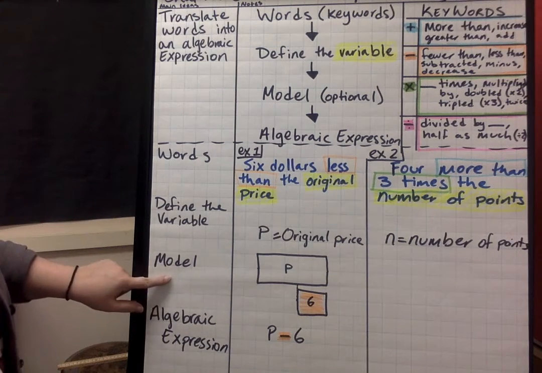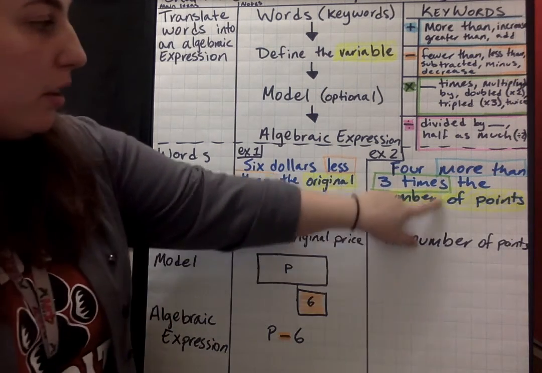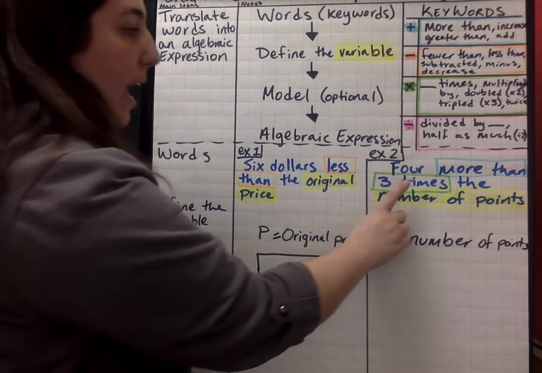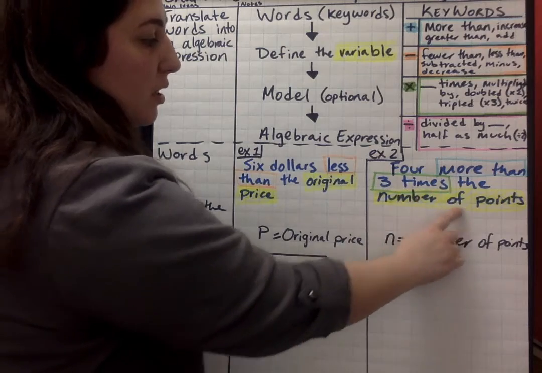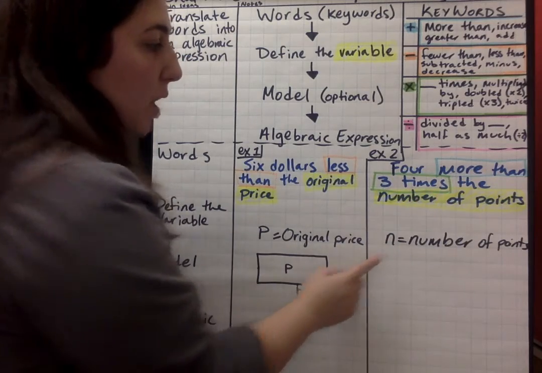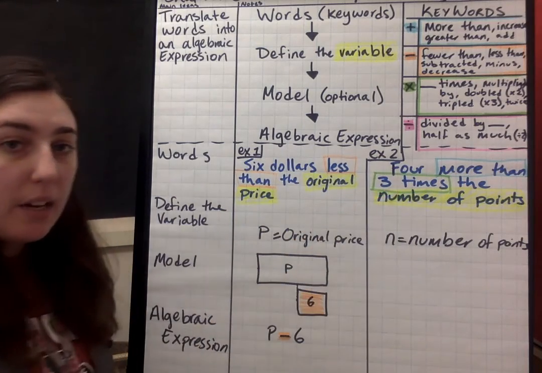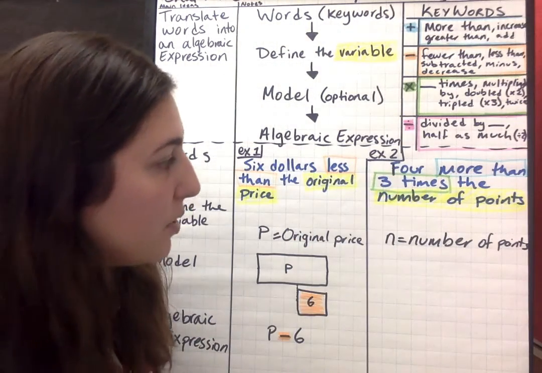Okay, so second step, model. We need to model this situation. So I know that I have 4 more than 3 times the number of points. Okay, so I know that if we look at this first part right here, we have 3 times the number of points.